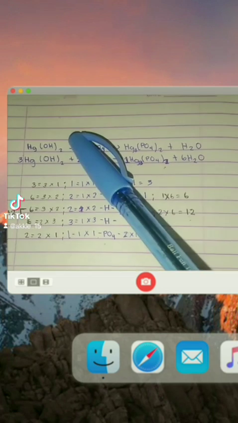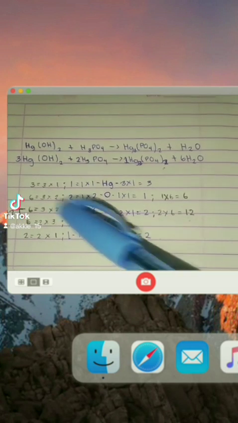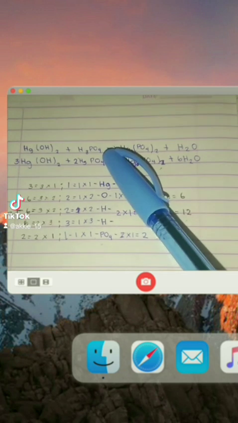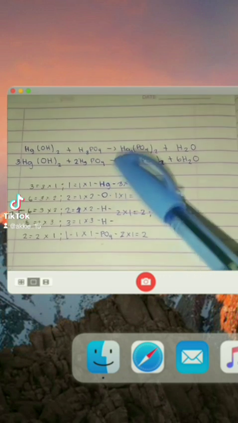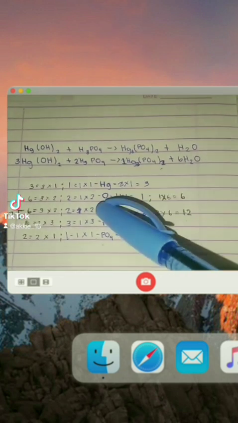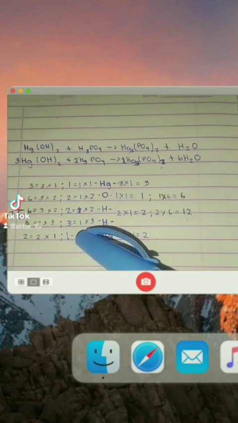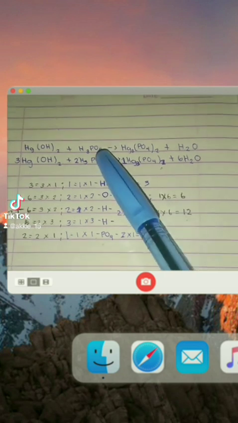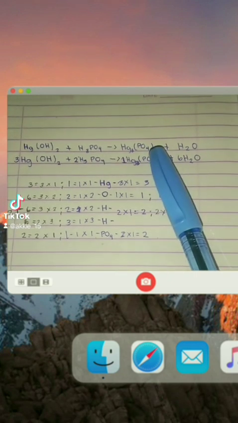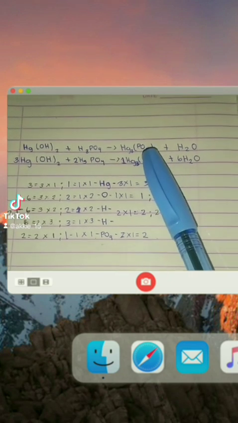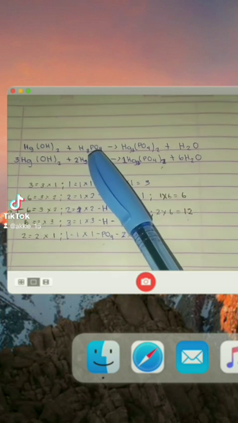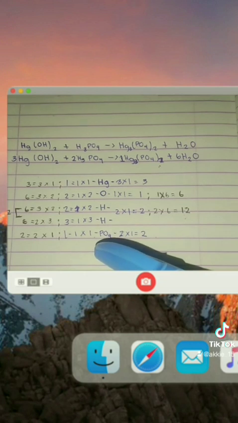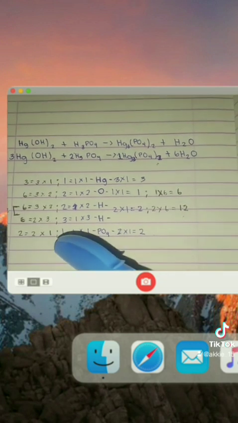For hydrogen, 2 times 1 is equal to 2. Let's proceed to our phosphoric acid. We have 3 hydrogens, subscript 3 times 1 equals 3. Then we have our phosphate. Since it is unchanged on our product side, we write it as a single unit. So we have phosphate, 1 times 1 equals 1.